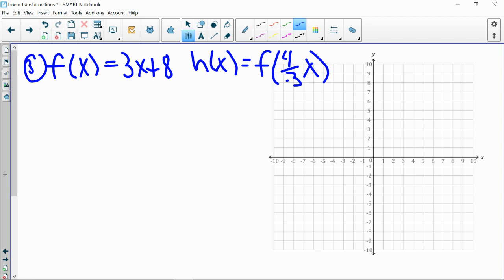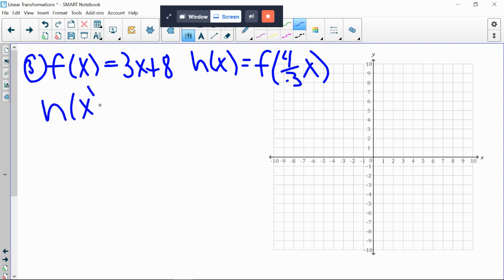Write the new function, h of x, and describe the transformation, just like how we wrote the other ones. Note, 4/3 is a fraction, but it's bigger than 1. You shouldn't need your calculator for this because the fractions simplify.